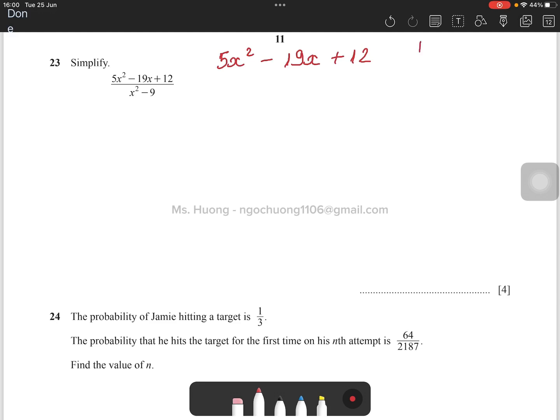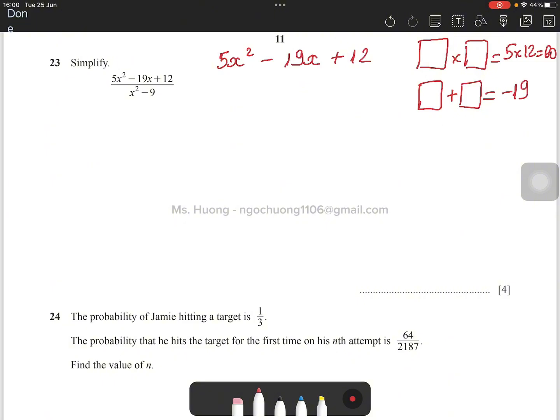To factorize this expression, we'll find two numbers that multiply to get 5 times 12 equals 60. And those two numbers must add up to the middle term, which is negative 19.